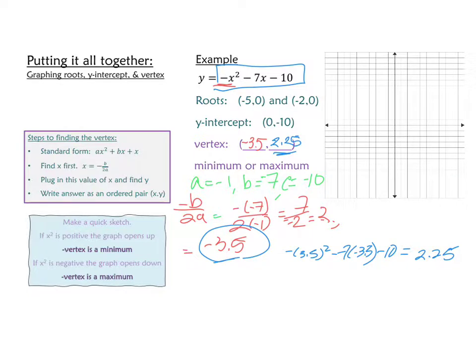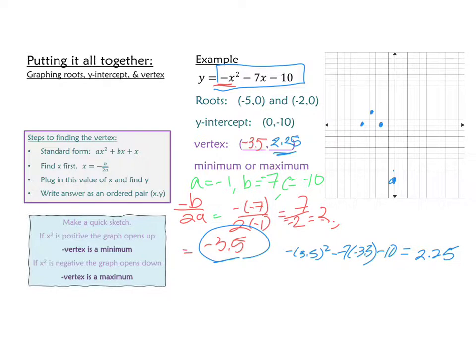So we're going to try and sketch this. Our roots are -5 and -2. Our y-intercept is 0, -10. And our vertex is -3.5, 2.25. We're going to eyeball it at about right there.